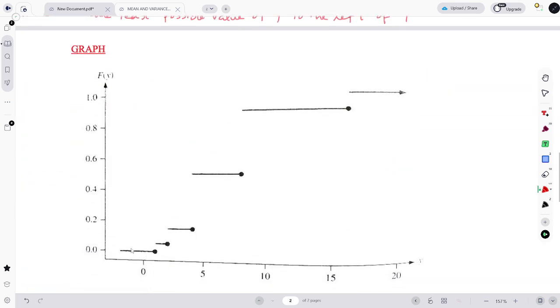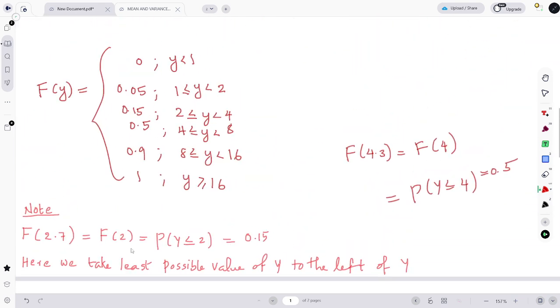Let this be the point 1. So up to this point, the value of CDF, or capital F, is 0. At the point 1, the value becomes 0.05.